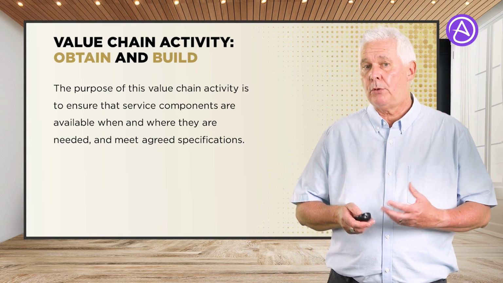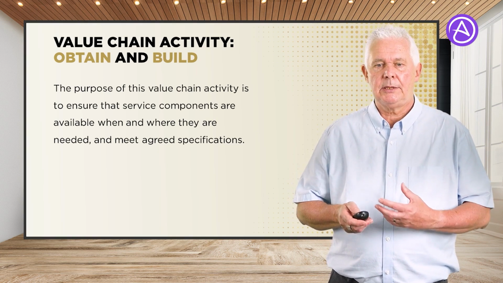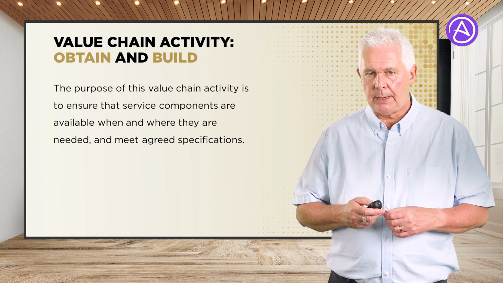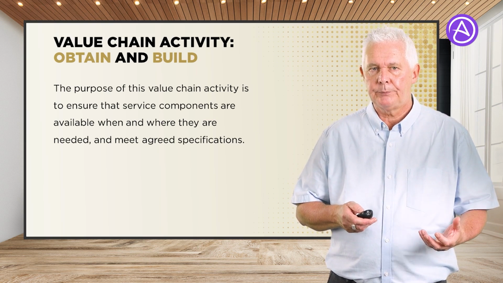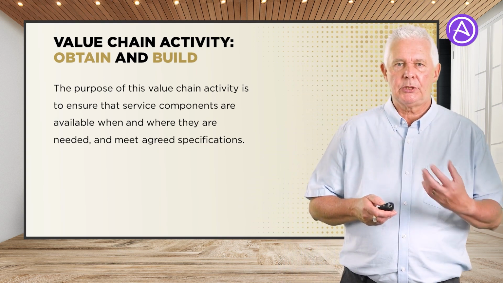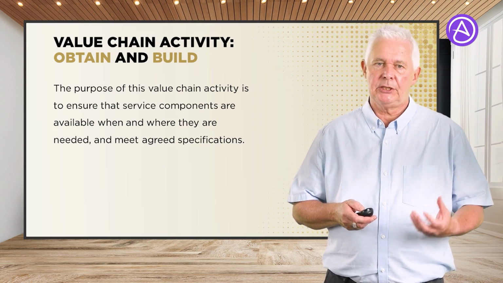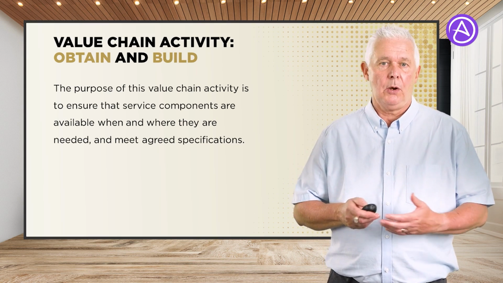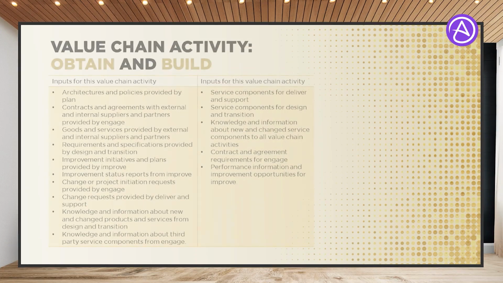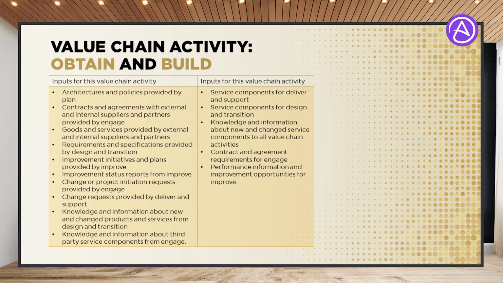Is it something that we may already have, something we can reuse? Is it something that we might go out into the marketplace and procure and buy? Okay, so in terms of the design, how best to meet the requirements, those specifications in terms of technology, it's the obtain and build activity that determines basically whether we buy it or whether we build it ourselves. And again, some suggested inputs and outputs from this value chain activity, which again are for your reference and later review.